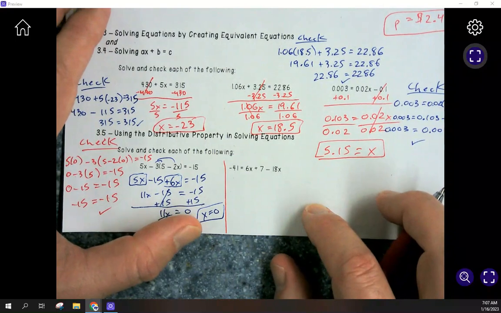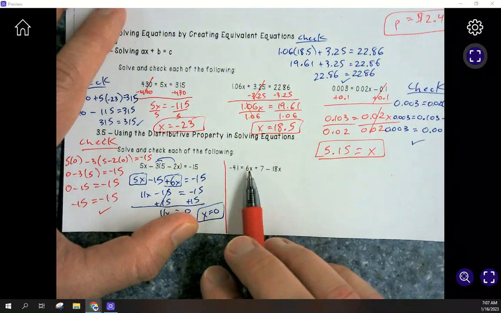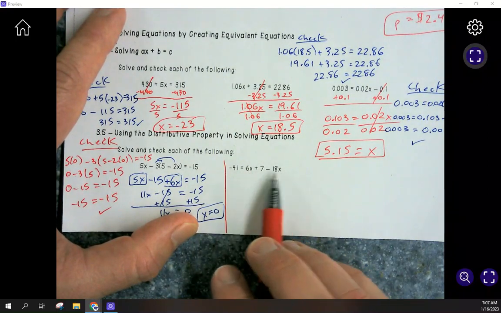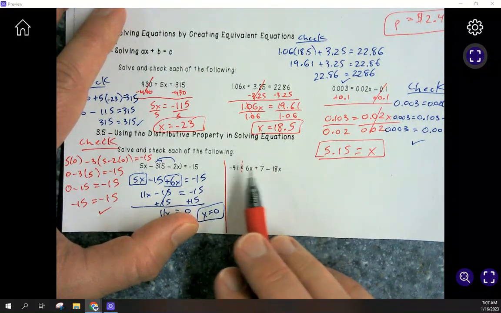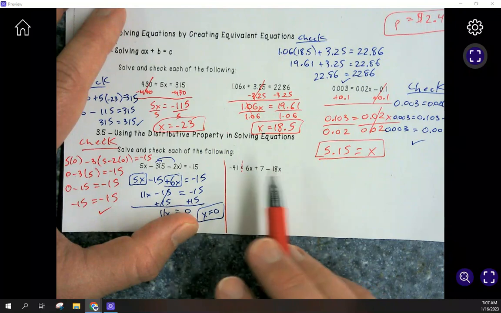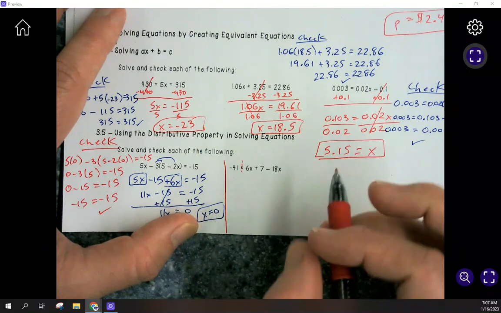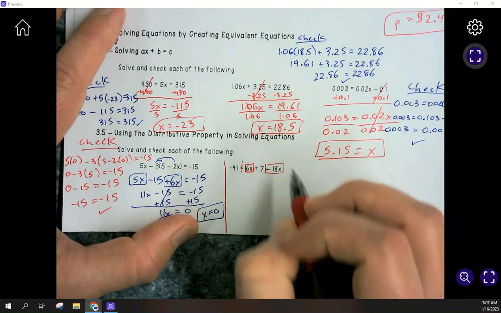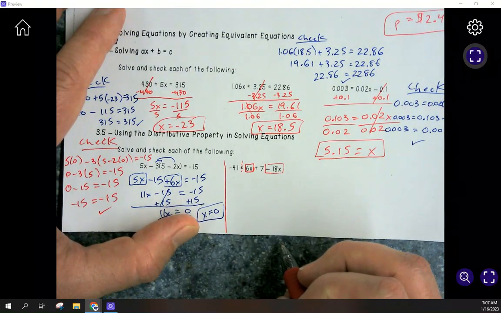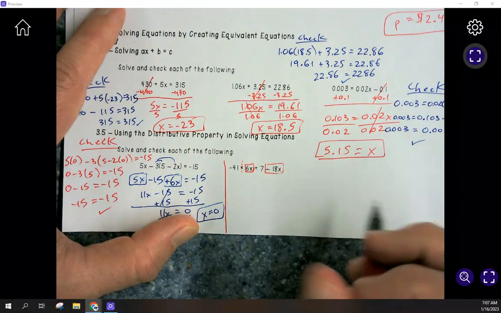All right, and the next one, there actually isn't any distributing, just some combining like terms. So before you start trying to move things around, if you have things you can combine on the same side of the equal sign, so I have an x and an x both on the right side here, you do want to combine those first. So I got a 6x and a negative 18x. I'm going to put those together.